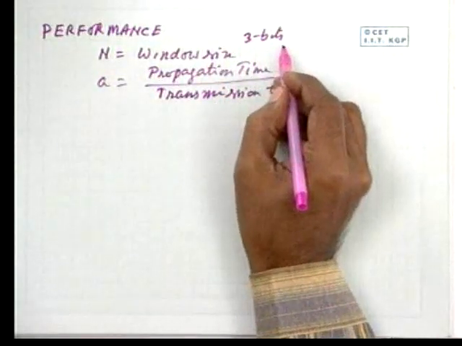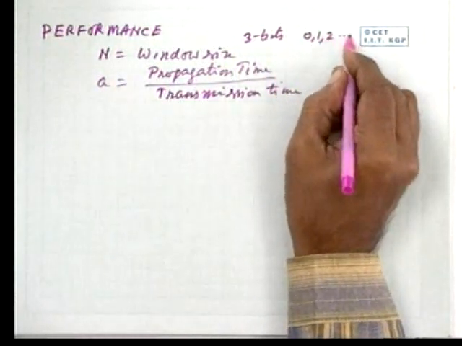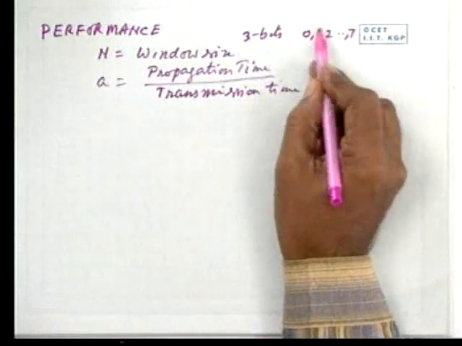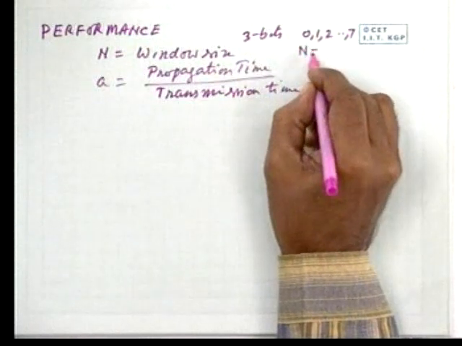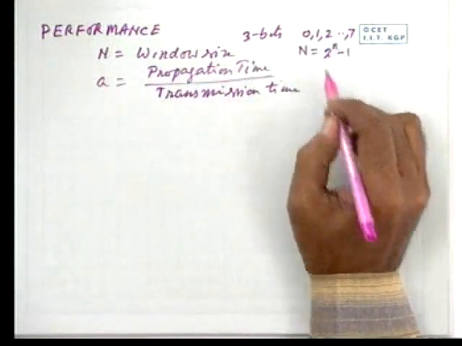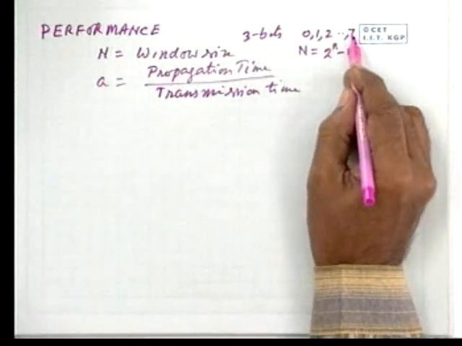With 3 bits, you can have 8 possible numbers, 0, 1, 2, up to 7, using modulo 8 arithmetic. That means using modulo 8, it will go from 0 to 7, then it will repeat 0, 1, 2, up to 7, and so on. With 3 bits, when the number of frames is 8, the window size has to be taken equal to 2 to the power n minus 1, where n is the number of bits. That means 1 less than the maximum number of sequence numbers.